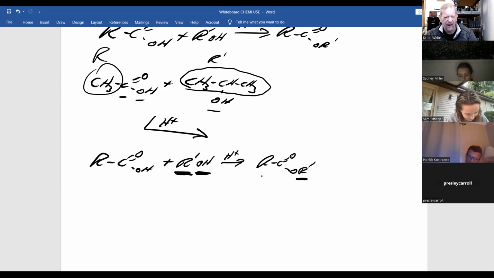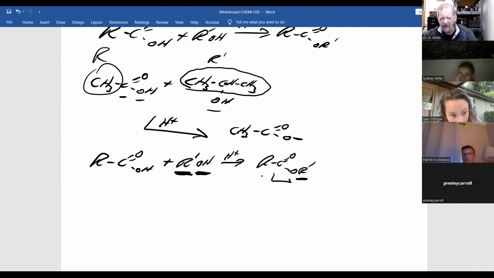So I have my R group, methyl, my carbonyl, my oxygen, because that's what this shows me. And then my R prime group is 3 carbons. Notice the hydroxyl group is on the center carbon. So my center carbon of 3 will be the one you have.